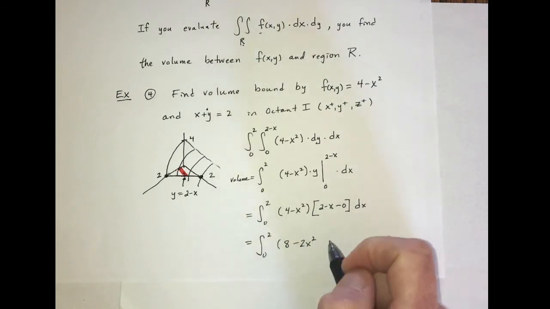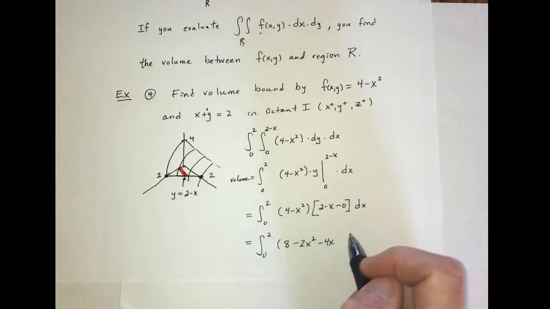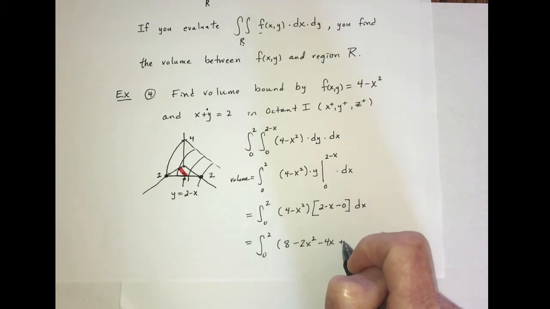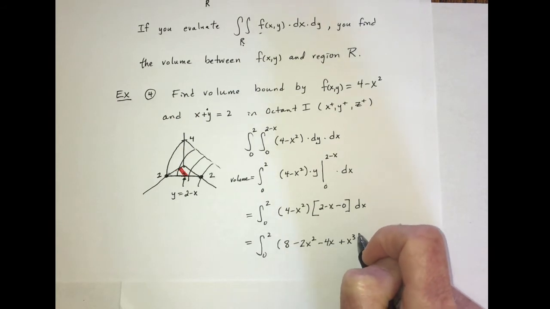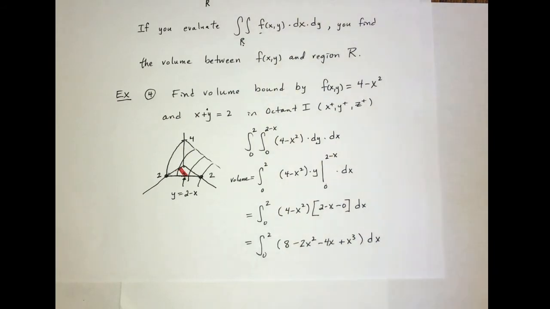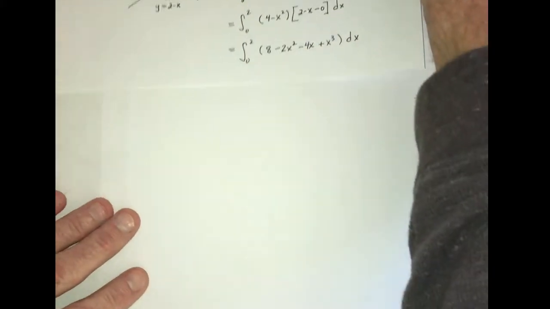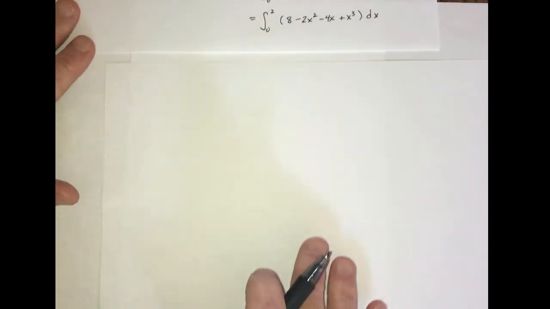There would be negative x times 4. And there would be negative x times negative x squared is positive x cubed. And then integrate that.